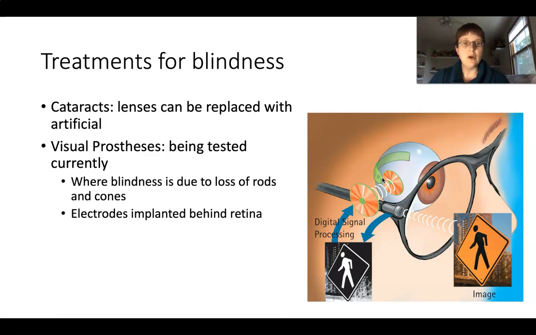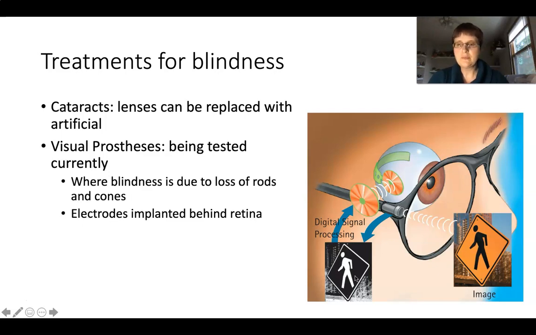So these are showing promise. They seem to be working for individuals where the blindness is due to loss of rods and cones, not where there's other damage in the visual system, such as the nerves. The individuals aren't seeing color because there's no way to interpret the color, but they are able to see black and white images fairly clearly using this system.